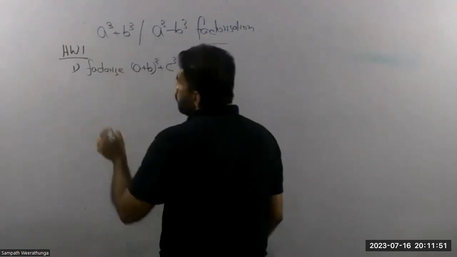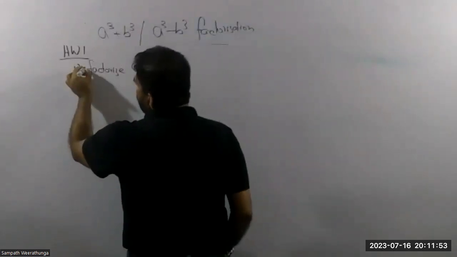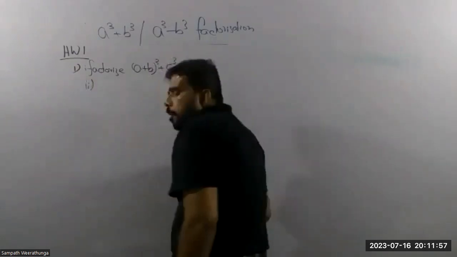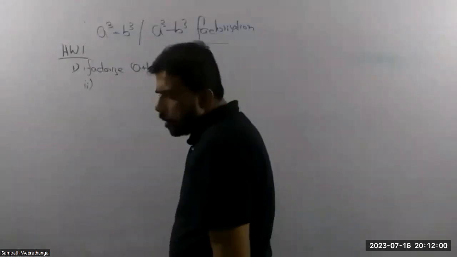Then same, right? This is Roman 1, this is Roman 2, this is under the key number 1, the main number 1.